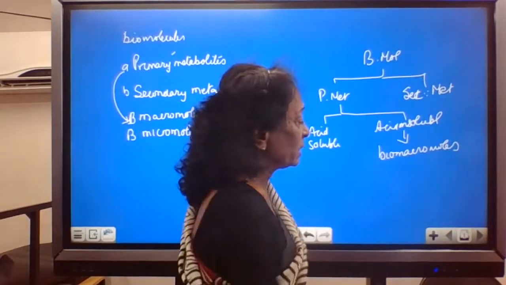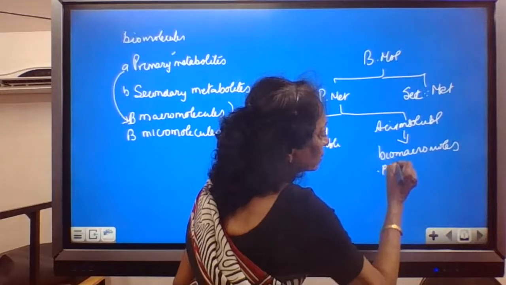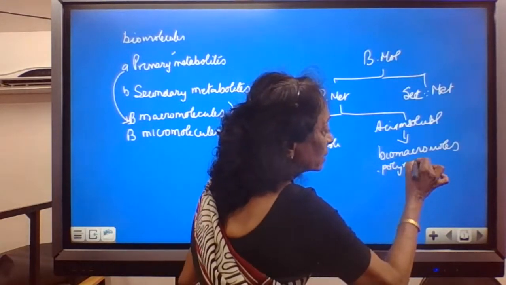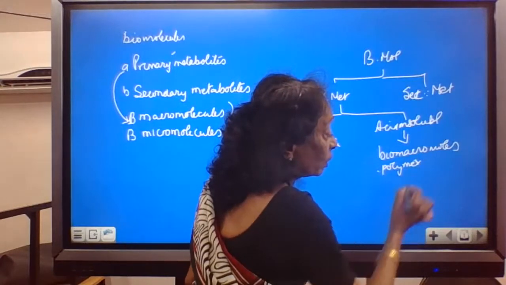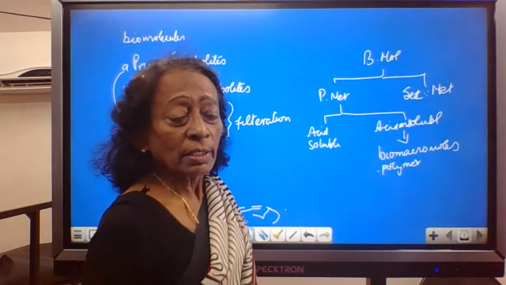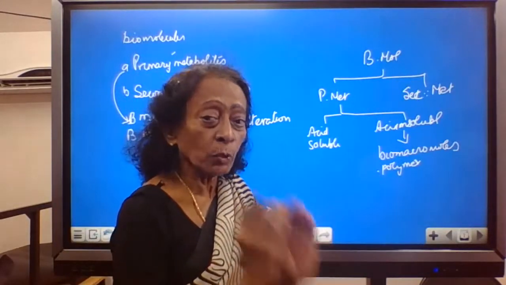The biomacromolecules are all polymers. You know very well what a polymer is. Don't use the word molecule or atom. It's not a group of atoms or a group of molecules. It's a group of simple similar units.